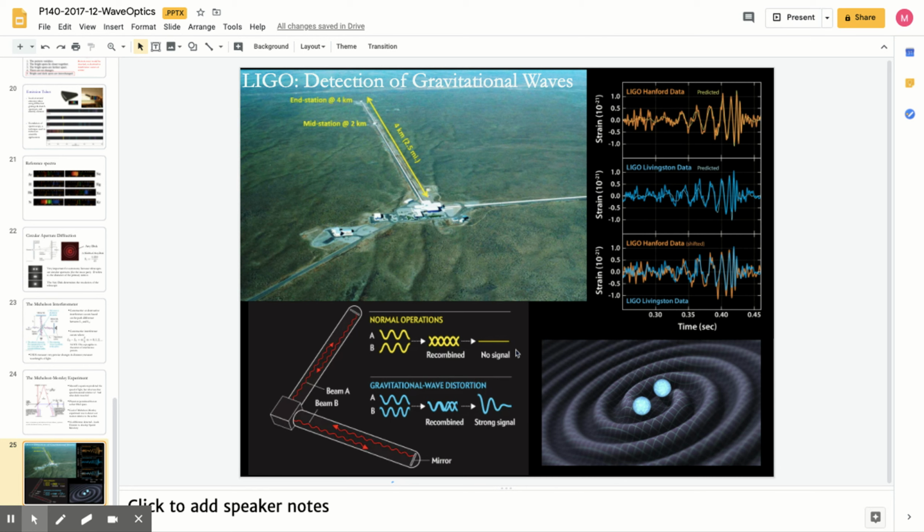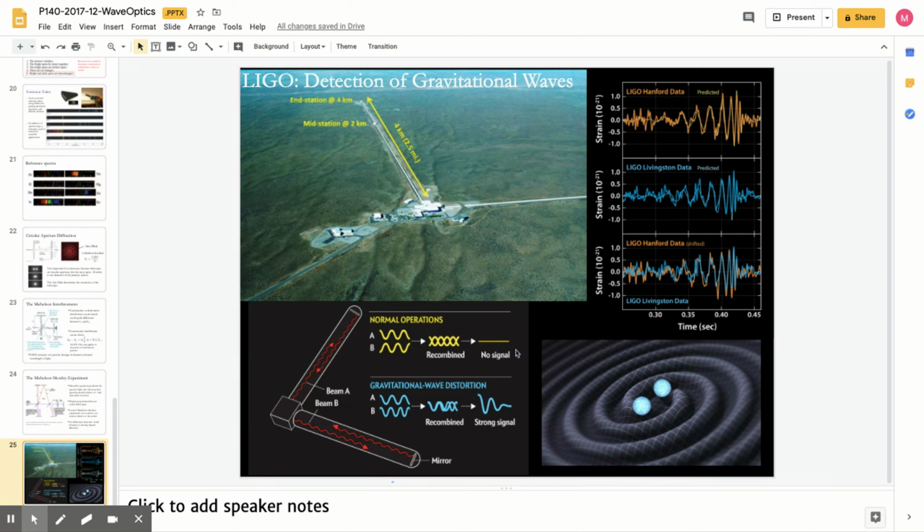So they actually have two facilities, one in Louisiana and one in Washington State. They are able to read signals and compare them. If they see them on both, then they'll know that they've detected a gravitational wave.